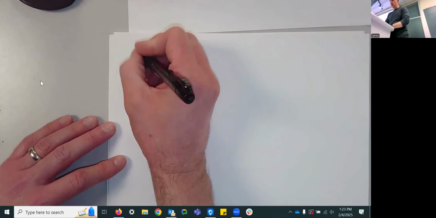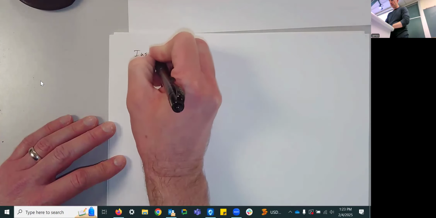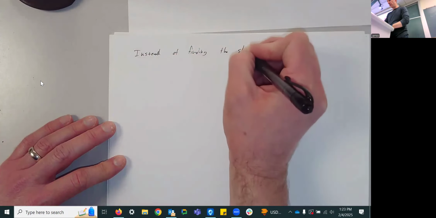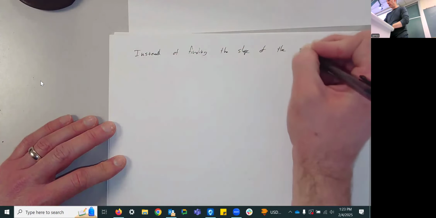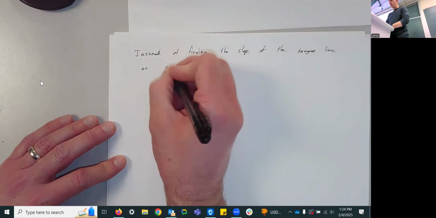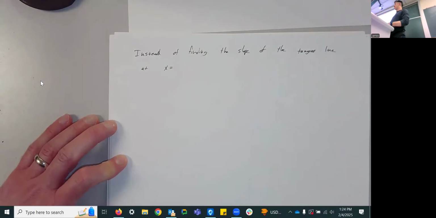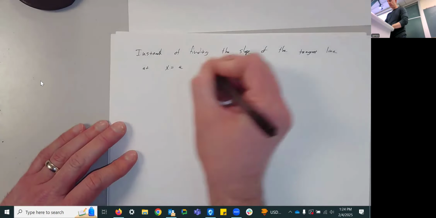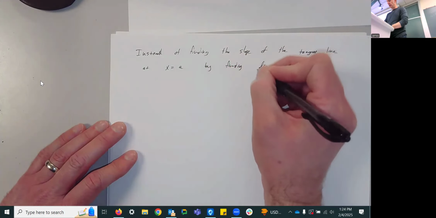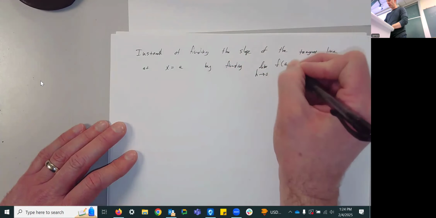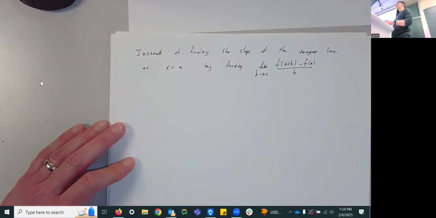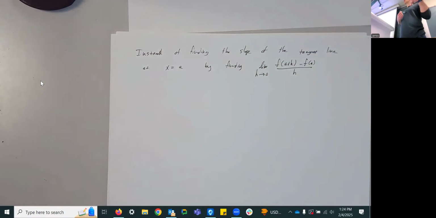So instead of finding the slope of the tangent line at x equal to 1 or 2 or 3 or more generally a, by finding the limit as h approaches 0 of f of a plus h minus f of a all over h, what we eventually move towards is just saying we're going to use the variable x instead.